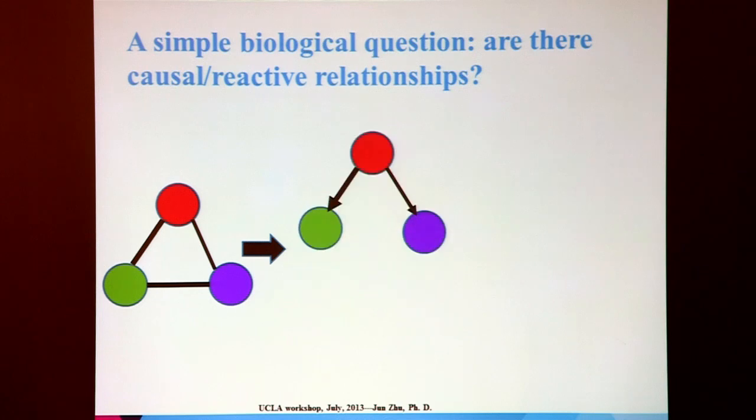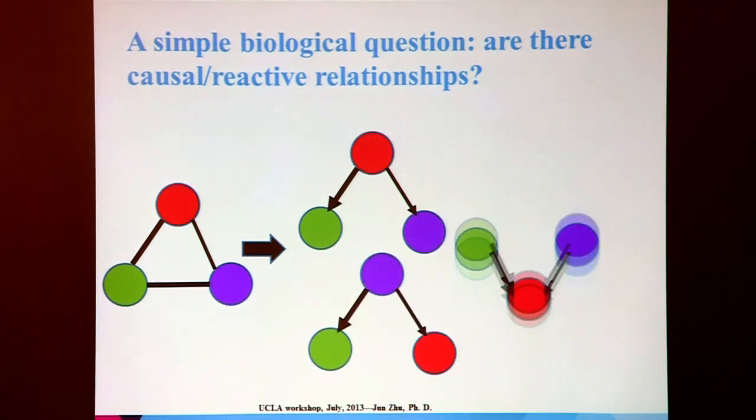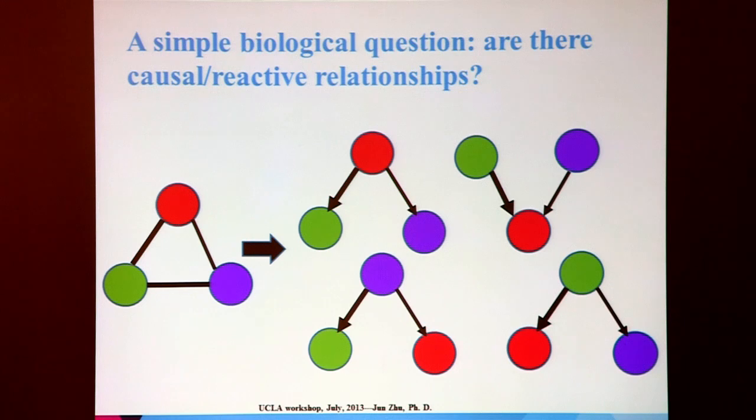Let's say we start with 3 nodes, and they're all correlated. Do we have all these causal structures that we just showed before? With some of the Bayesian networks, maybe not. But can you see which causal structure fits your data best? That's just a general question: if you want to go from association to really the causality.